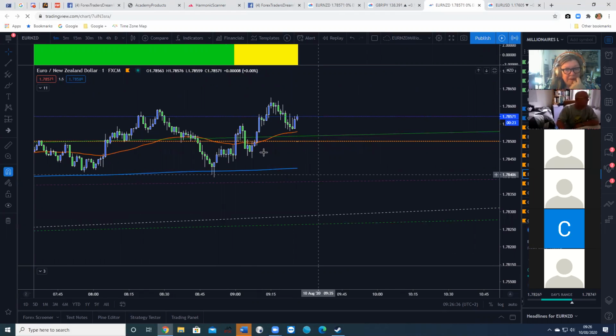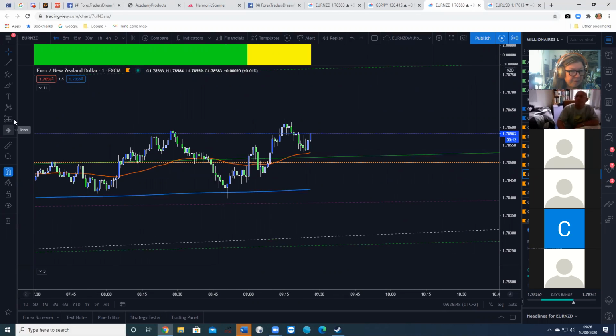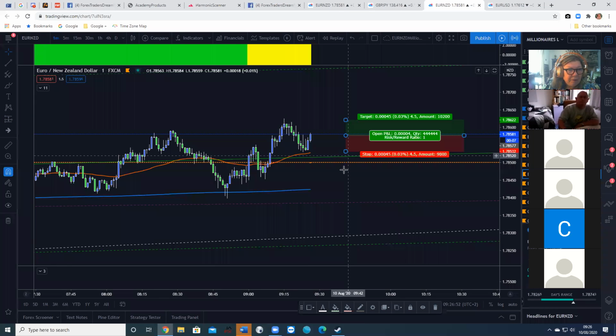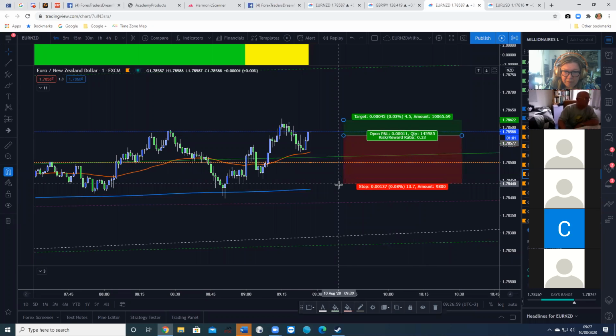So that was quite a nice setup there. It's just taking off their pitchfork and quarter theory, break and retest above the 62. That's gone though. Well, just EN. I don't like it when you try and get into a trade when it's already moving.